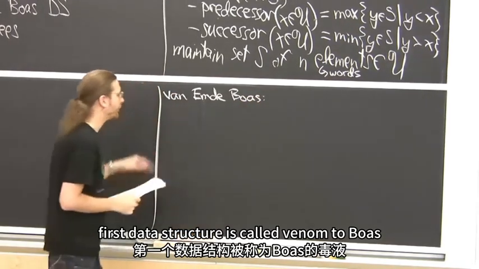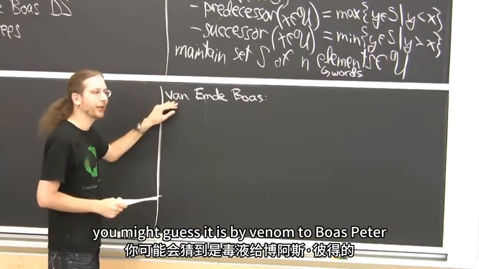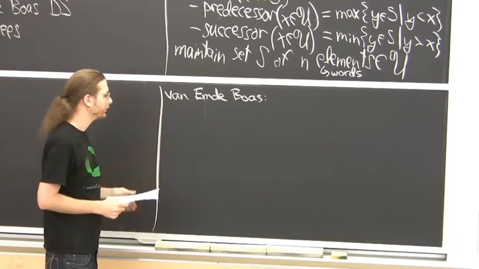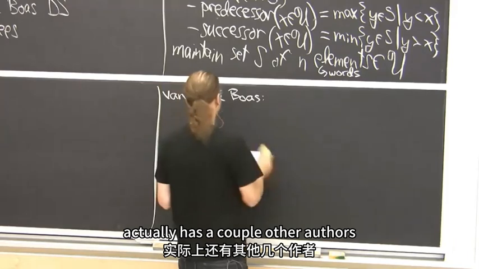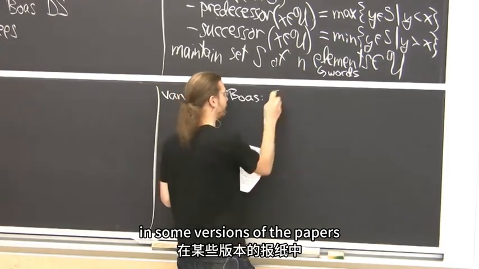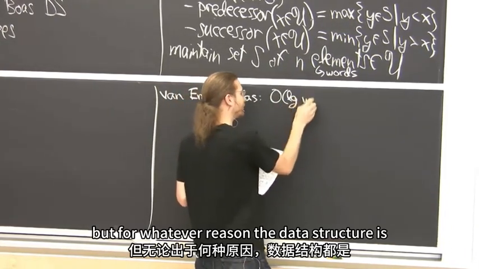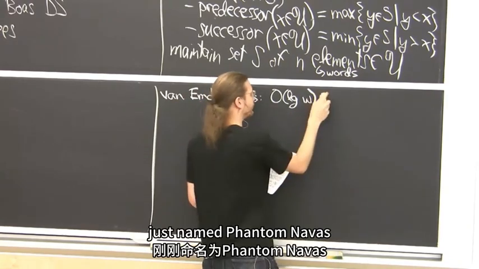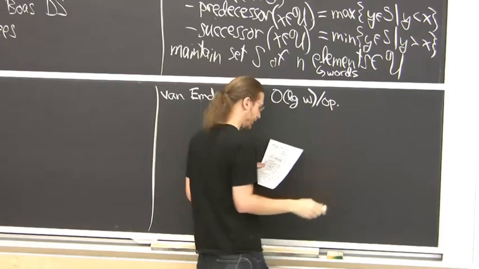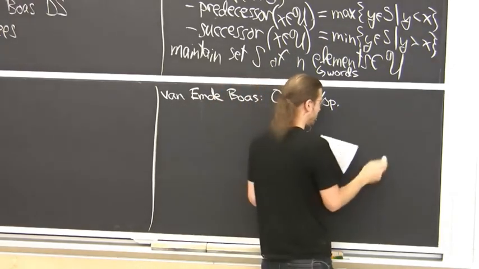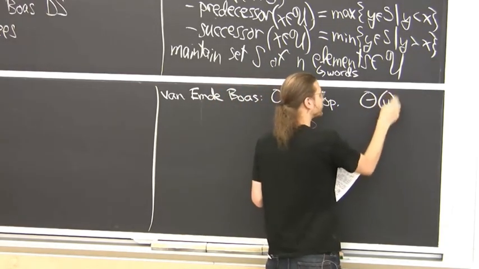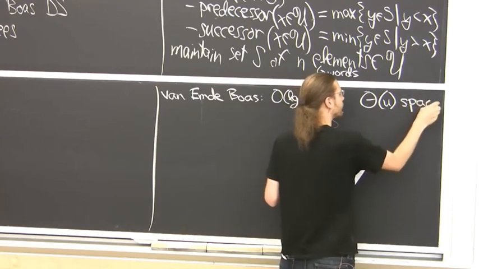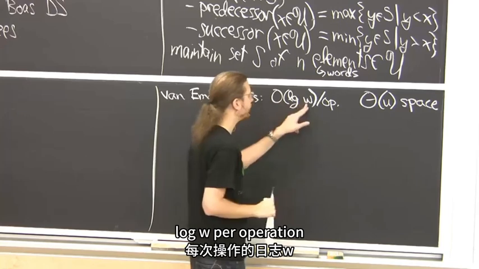First data structure is called van Emde Boas. You might guess it is by van Emde Boas, Peter. It actually has a couple other authors in some versions of the papers, which makes it a little bit confusing. But for whatever reason, the data structure is just named van Emde Boas. And it achieves log W per operation.